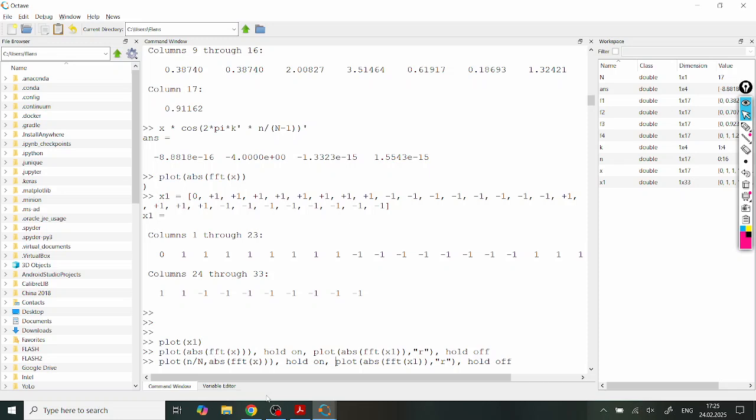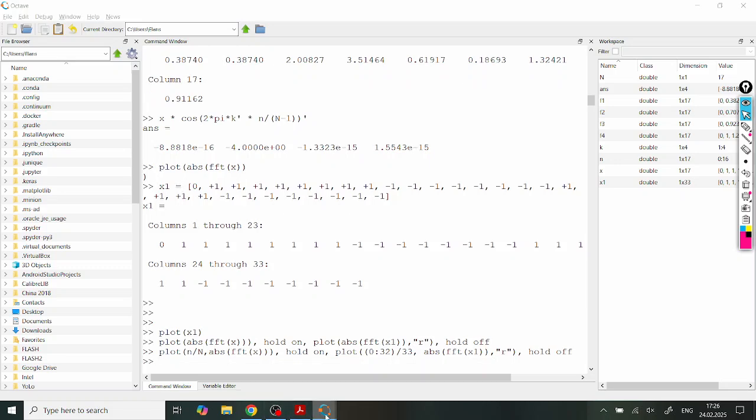And that goes for, so now it has 33, so that goes 32 by 33. So they now need to be scaled in the proper range because one is 17 points, another is 33 points. Yes, and obviously if I don't number them properly, they are not going to match.